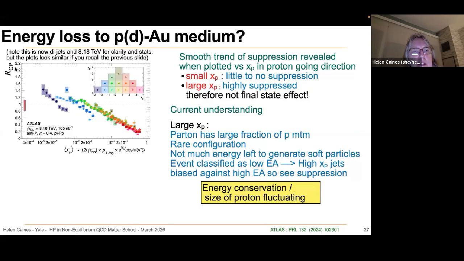So this is the probability of making a jet in central compared to the probability of the same scaling in peripheral. They have split it up into event activity, and then they plot it as a function of X. And you see the suppression, and either a slight enhancement due to the nPDF or unity, with the same argumentation as I was just going through with the others at RHIC.